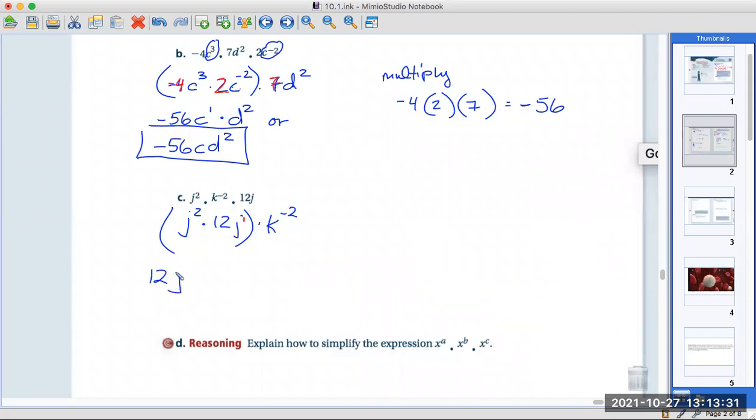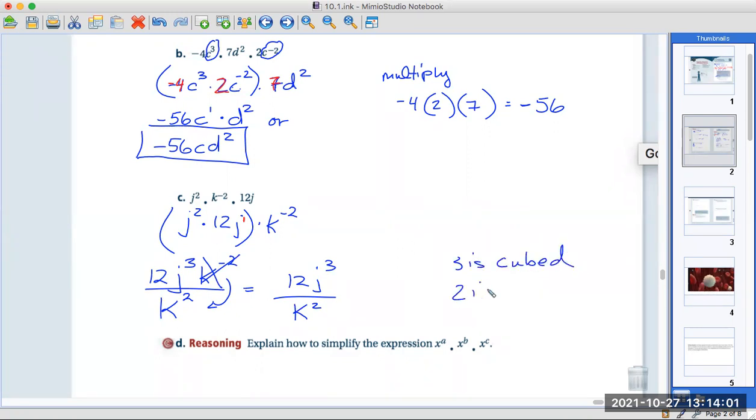The J's, 2 and 1, to the third, K to the power of -2. I want to put this on the bottom to make it positive. You want your powers positive. 12 J to the third divided by K squared. So when you have a 3, 3 is cubed, and 2 is squared.